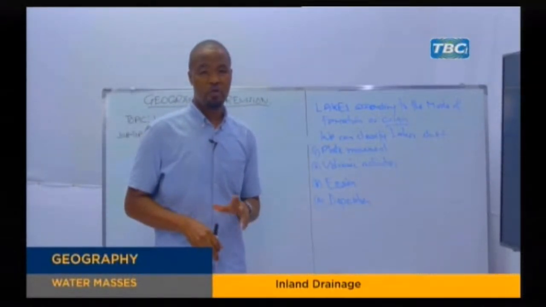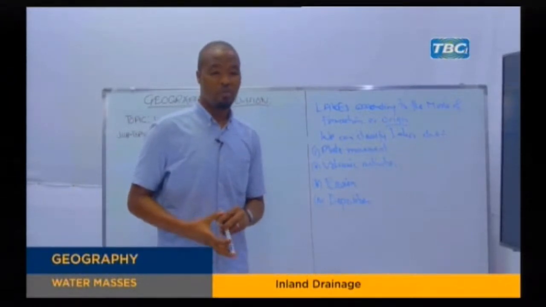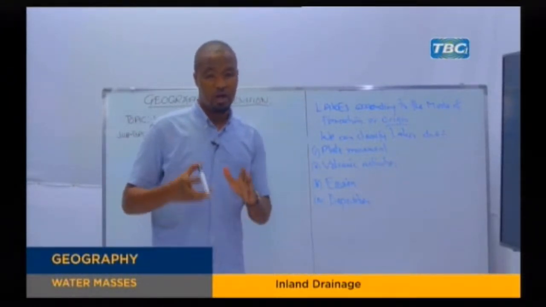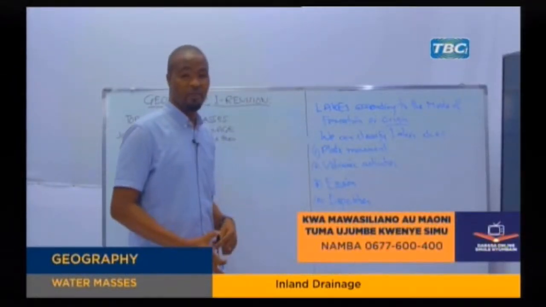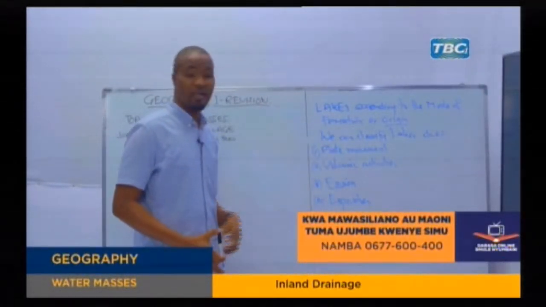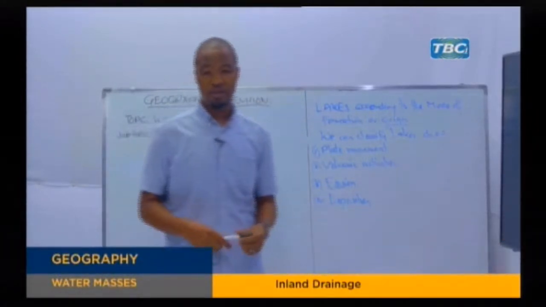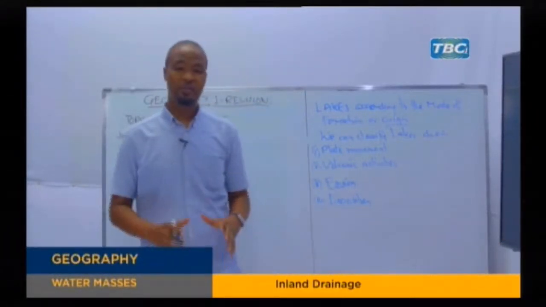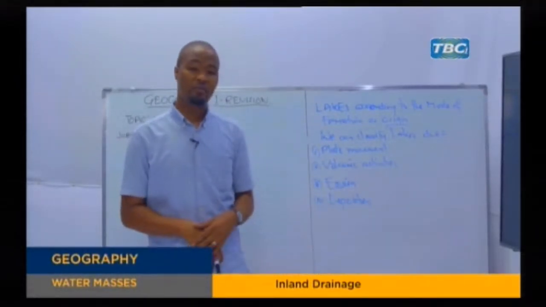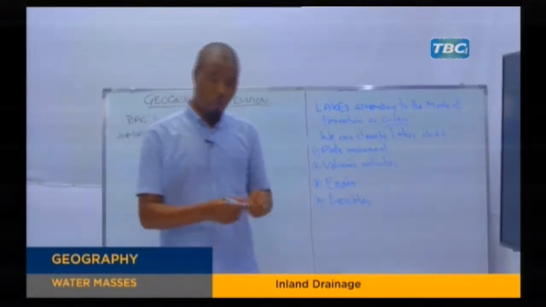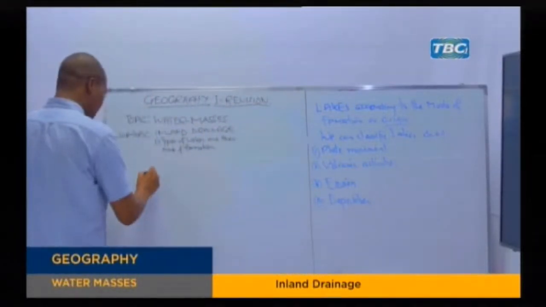We know during plate movement or continental drift, there was the movement of the land. The movement of the land may leave what we call a depression. Once the depression is filled with water, then we call it the plate movement or earth movement lakes.